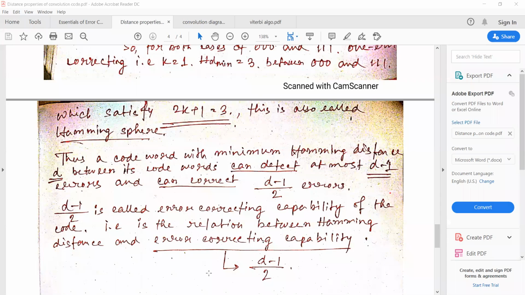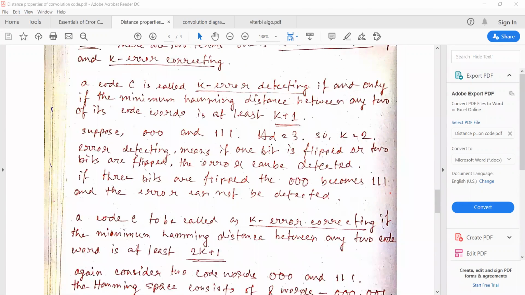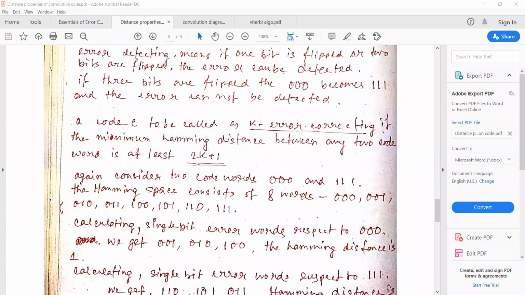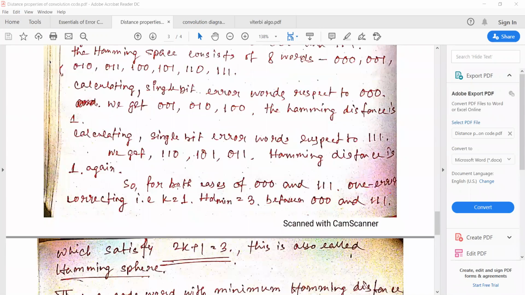So we have told you that from the definition, for the detecting purpose, the minimum Hamming distance will be equal to k plus 1, where k is the number of detected errors. When I'm considering k error correcting, we have to correct only k number of bits. Here, from this example, we have to correct only one bit, because this is a single bit error.